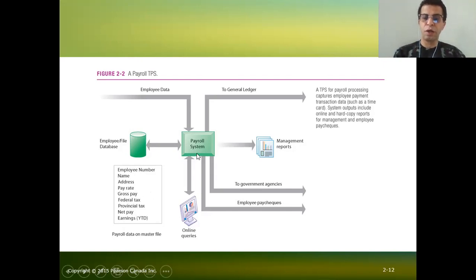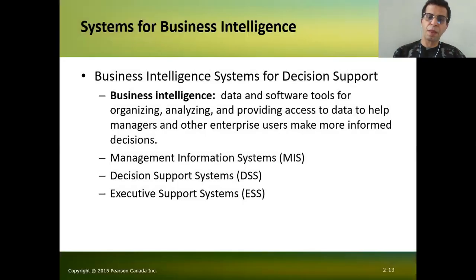You do online queries, and employee data is extracted and goes to the general ledger for the salary payment. Then you manage a report, part of which goes to the government, and the employee paycheck is generated. So these are the TPS of a payroll.